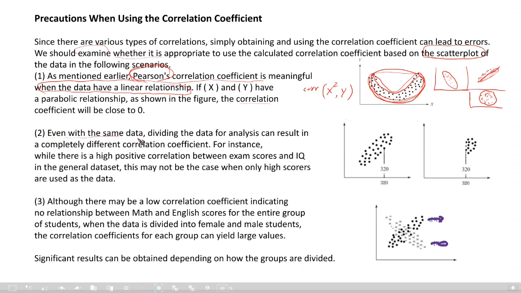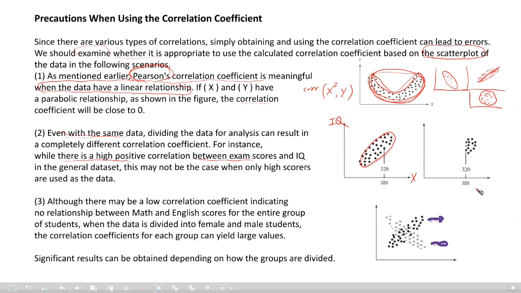Second, even with the same data, dividing the data for analysis can result in a completely different correlation coefficient, such as this. For instance, for all this data, x is score, y is say IQ. Then between exam scores and IQ in the general data set, all the data, it is a high positive correlation.